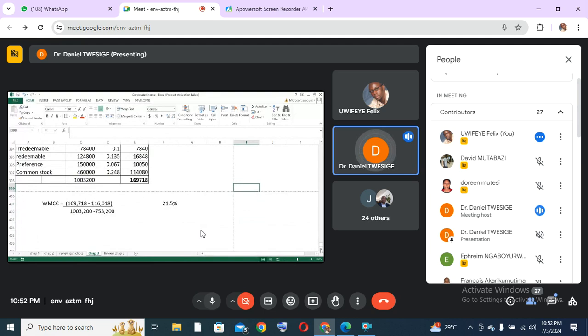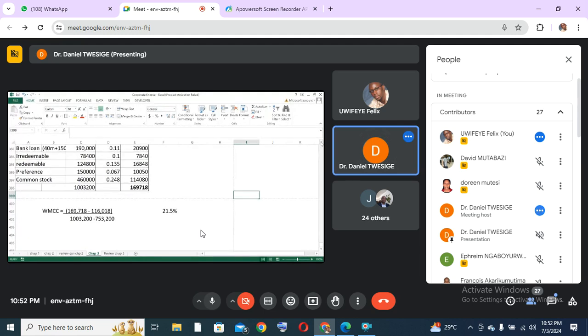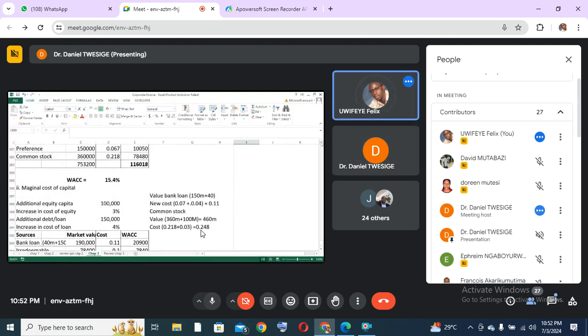So it means the marginal cost for all these sources will be around 6 point something, the additional cost. If you get this 21.5 minus 14.4, you have around 6.